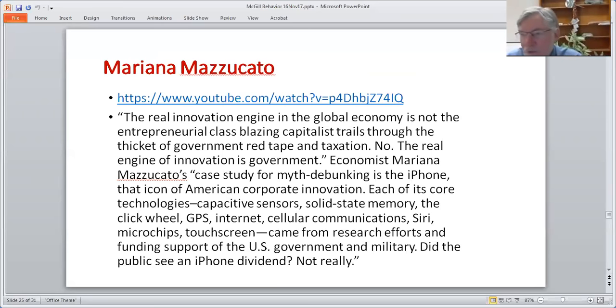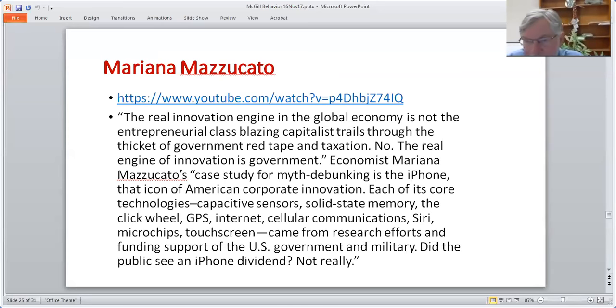They came about because they were supported by power, controlling government power and promoting certain segments of the economy over others. So she says the real innovation engine in the global economy is not the entrepreneurial class blazing capitalist trails through the thicket of government red tape and taxation. The real engine of innovation is government.